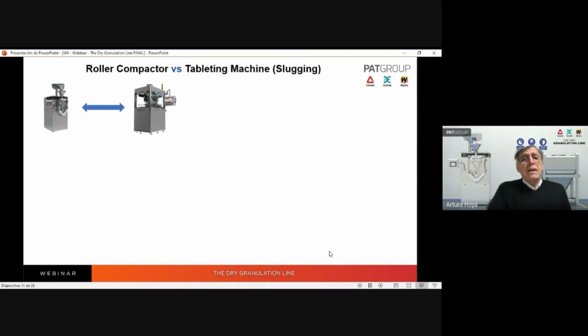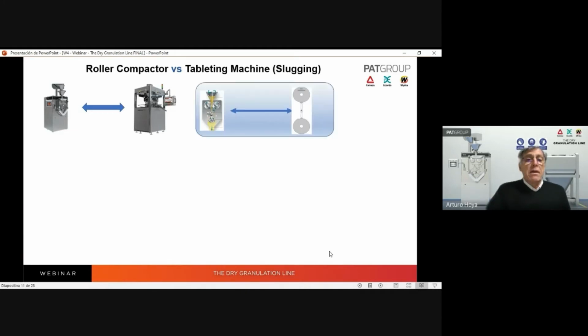Another question is the comparison of specific characteristics of roller compactor and slugging. For example, let's see this difference. In the case of roller compactor, the distance between the centers of the rolls is X. X is the gap between the rolls. This X is variable, adjustable during the process.